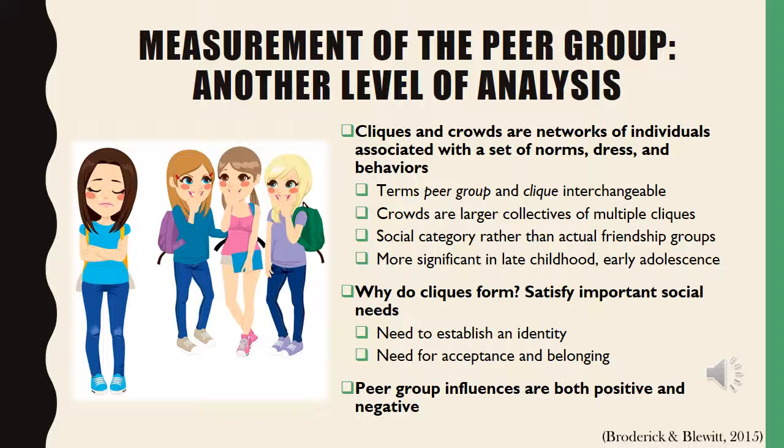So wanting to take a look at the measurement of peer groups, this idea of cliques and crowds and networks of individuals setting norms for dress and behavior. This is just so important to middle childhood and early adolescence, the idea of friendship within groups, but then where somebody falls in the social hierarchy or social category.